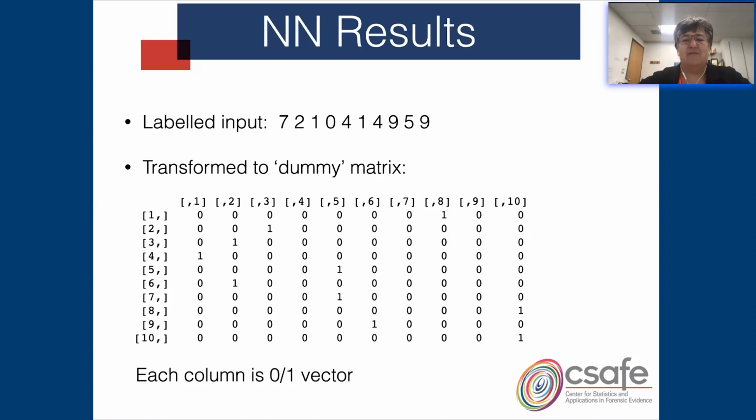So I already talked about dummy encoding before. So we can assume that we've got labeled input, and let's just assume that this is the labeled input: 7, 2, 1, 0, 4. So this is different from what I was showing you before, but we've got labeled input that's transformed to a dummy matrix. So again, each row has a single one, and the column corresponds to the values from 0 to 9.